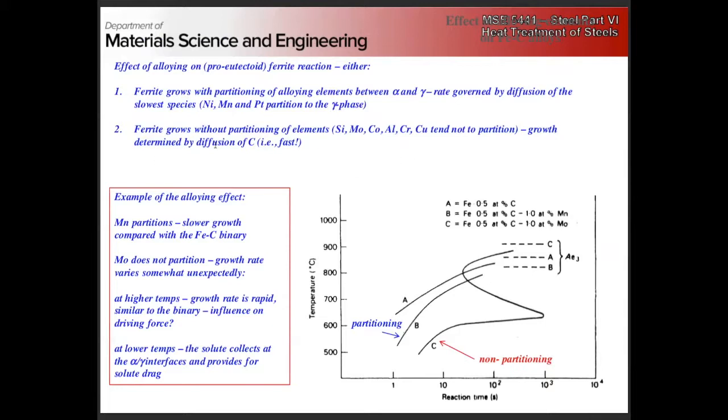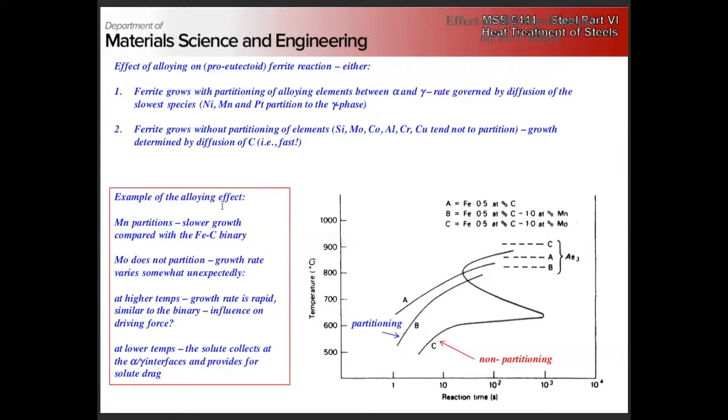And our growth is going to be determined only by the diffusion of carbon, right? So if we're up here, we're going to partition. If we cool faster, we're not going to partition, right?